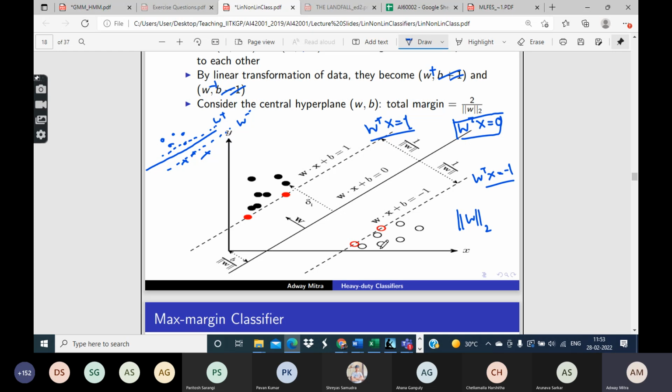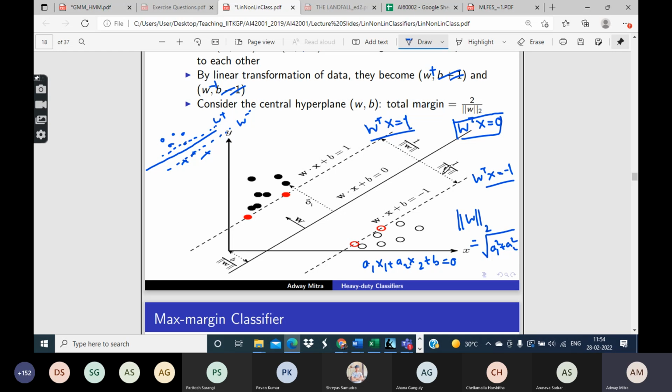If it is a two-dimensional system and this line is A1 x1 plus A2 x2 plus B equal to 0, then the L2 norm would be root over A1 square plus A2 square. This follows from the standard formula of coordinate geometry.